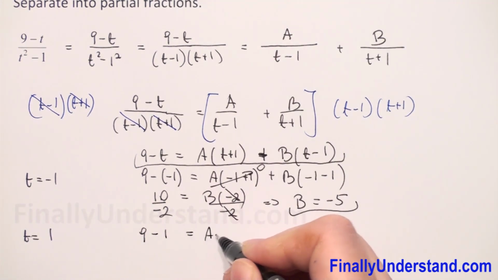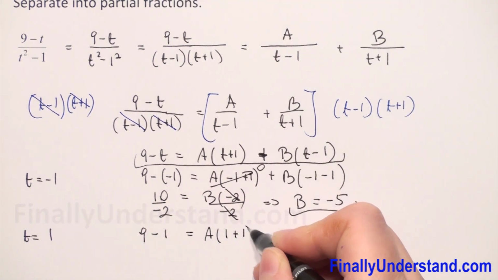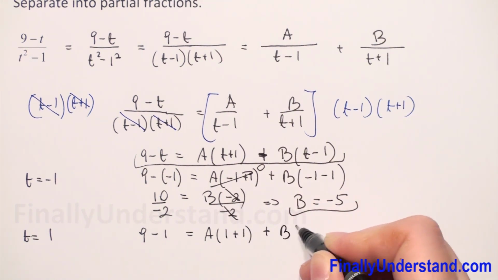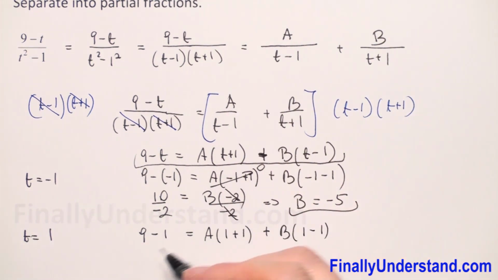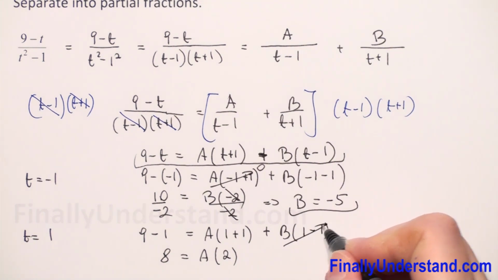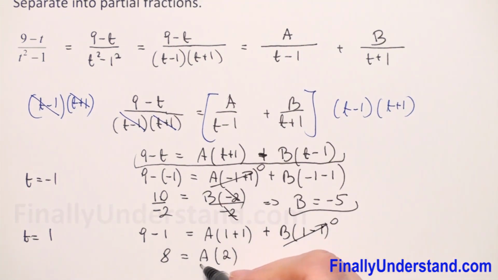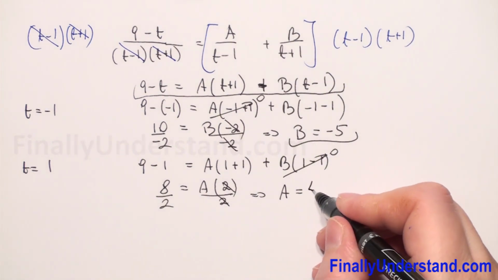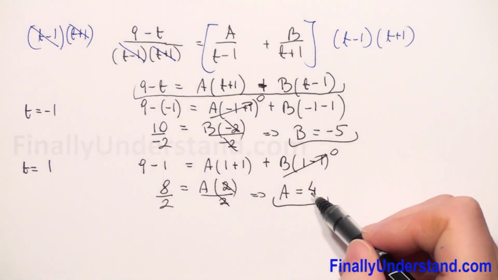This is equal to a times 1 plus 1, plus b times 1 minus 1. So 9 minus 1 is 8. This is equal to a times 2, because 1 minus 1 will be 0. Now we divide both sides by 2. 2 and 2 we can reduce, and we have that a is equal to 8 divided by 2, which is 4. We found b and a.